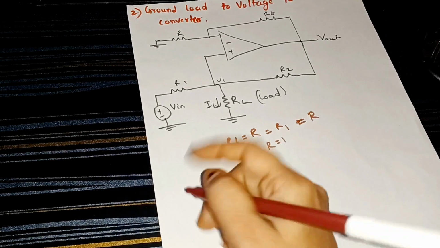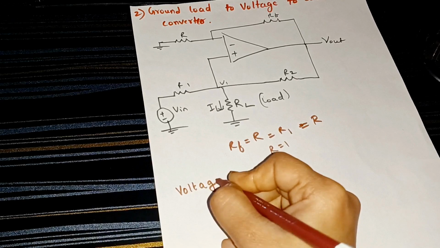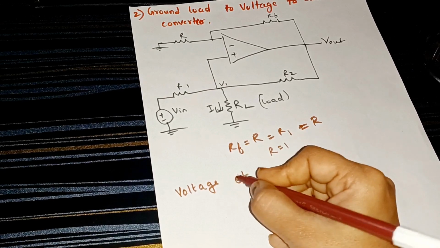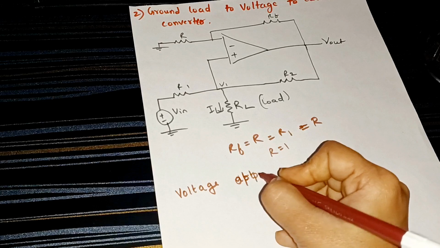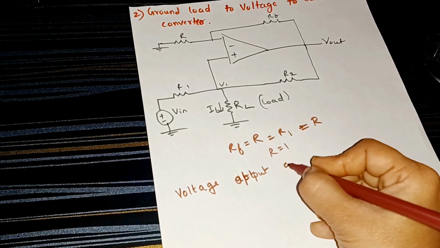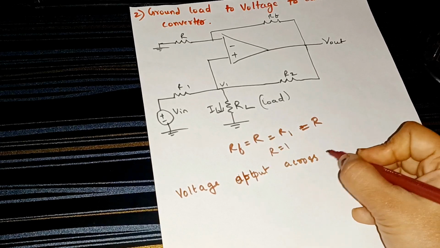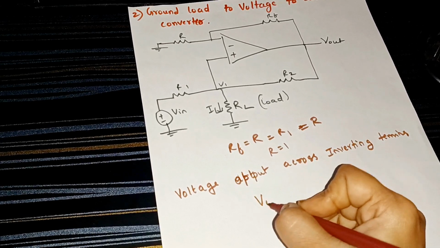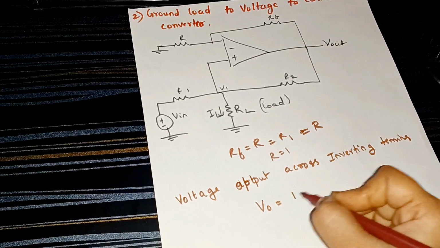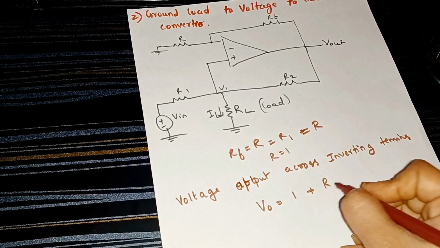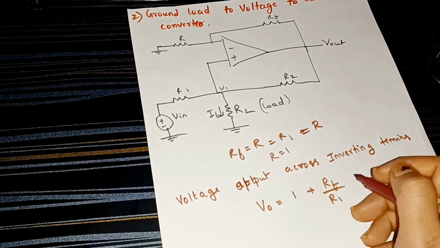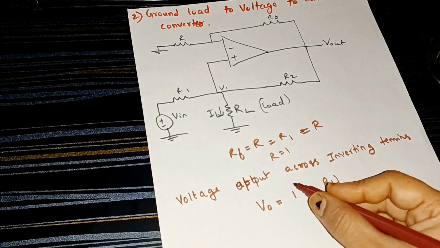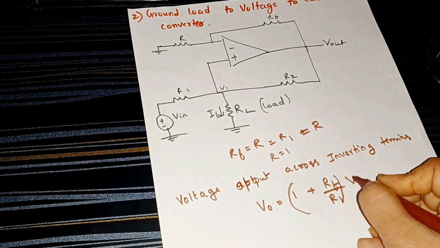To find the voltage, the output voltage across the inverting terminal is V0 times 1 plus Rf divided by R1, times V1.